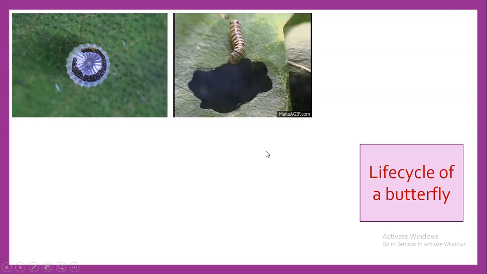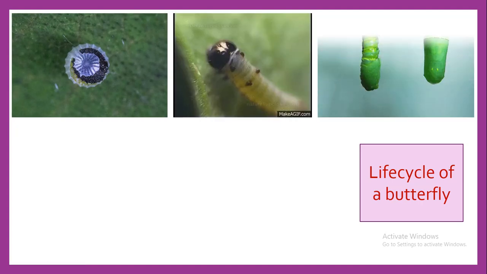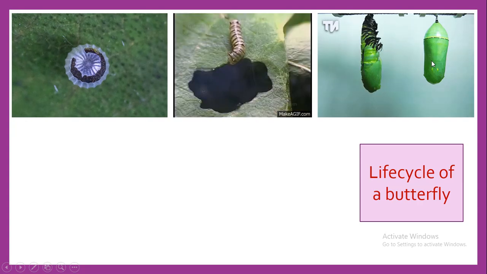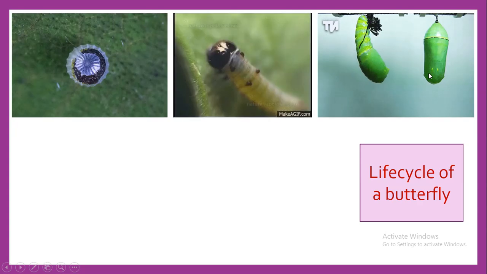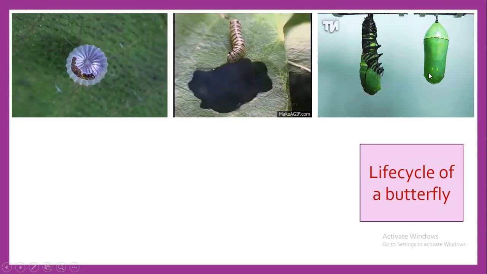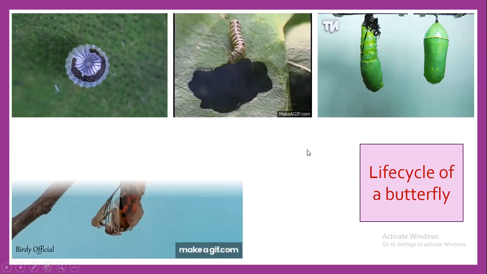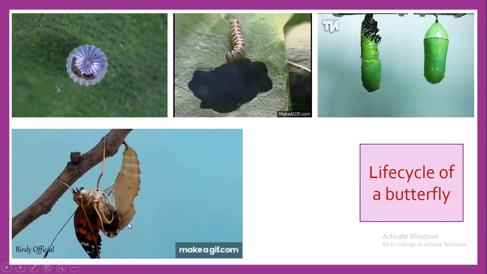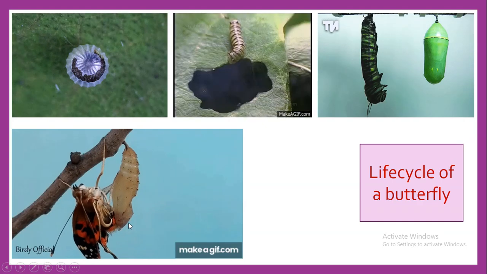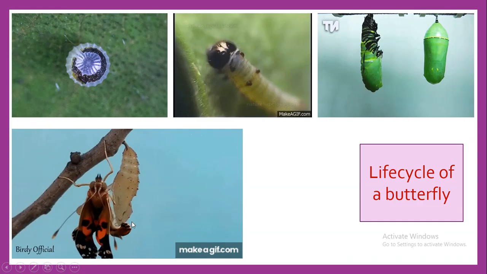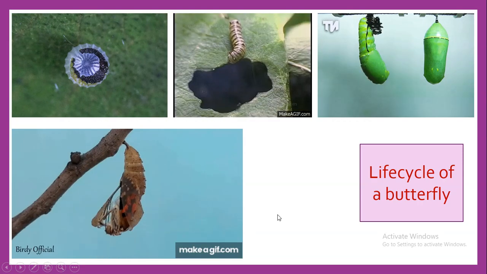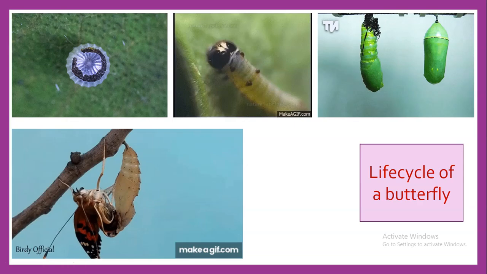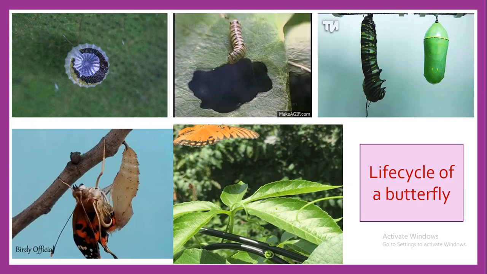Now the caterpillar or the larva becomes a pupa and makes a case. This case is called chrysalis. Now what happens here? An adult butterfly emerges from the chrysalis. Adult butterfly means it's fully grown and it can reproduce.